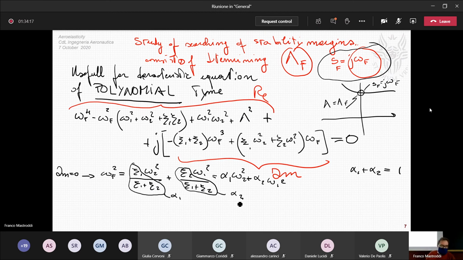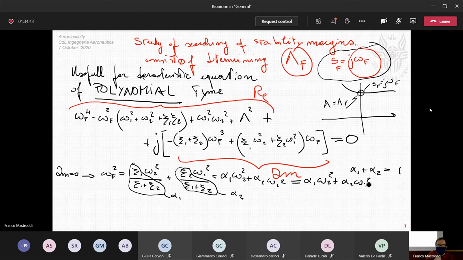Okay, so I rewrite this quantity better here, alpha 1 omega 2 square plus alpha 2 omega 1 square. Okay, I finish as concerning omega flutter because all these quantities are known, so this is my flutter frequency. Okay, finished. What about the lambda?